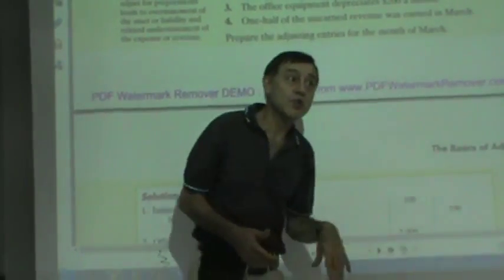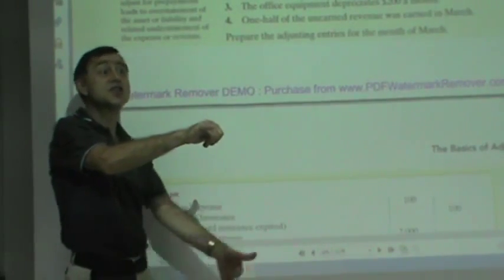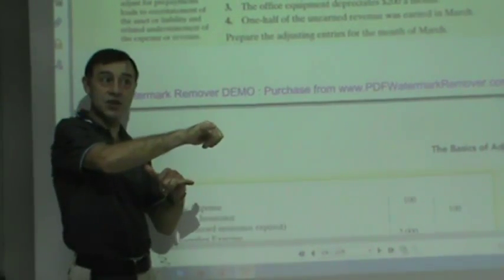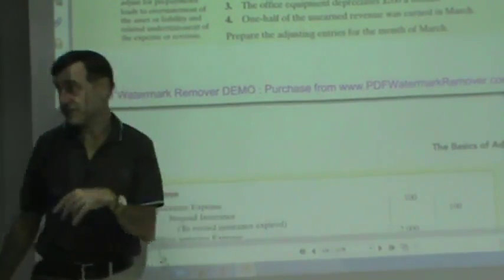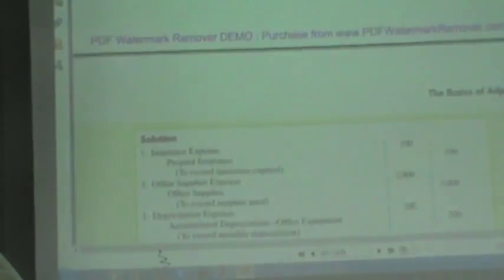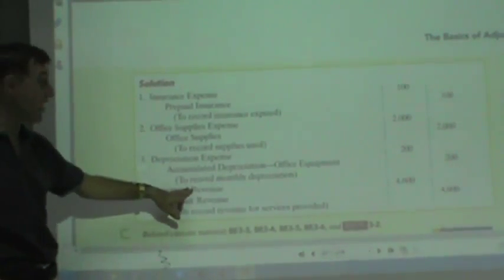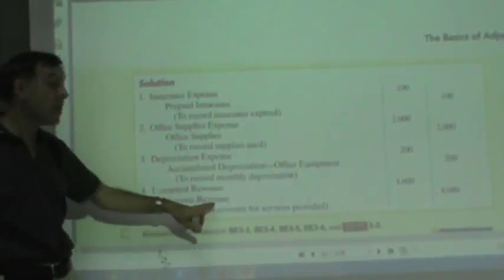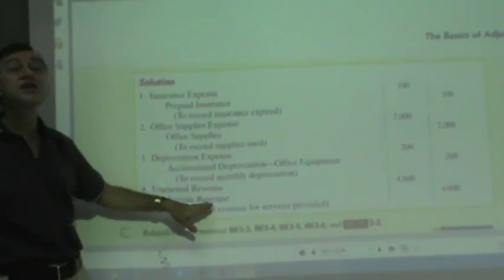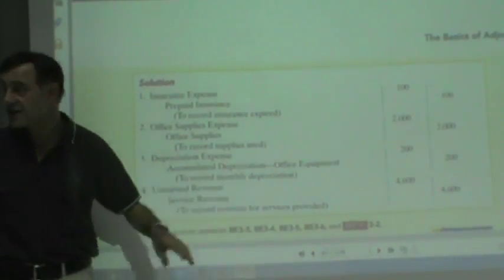So unearned revenue is a liability, right? So we're going to say debit unearned revenue, and then we're going to have credit revenue. Let's see what they say. Debit unearned revenue, 4,600. Credit revenue, you like to say service revenue. Okay? And that's the example.